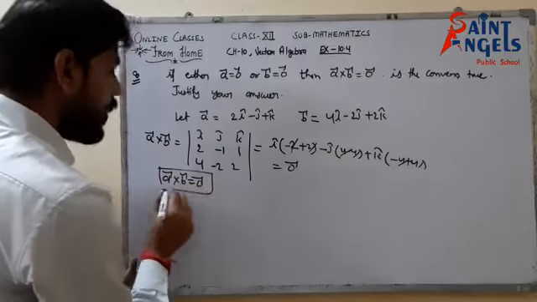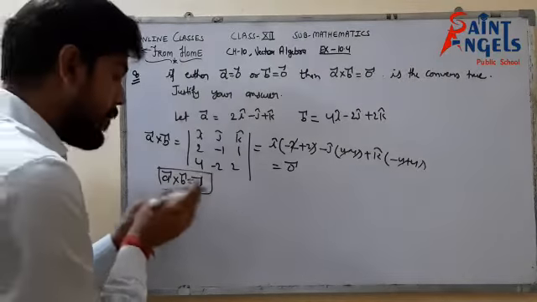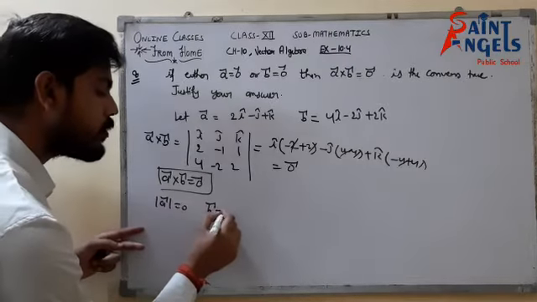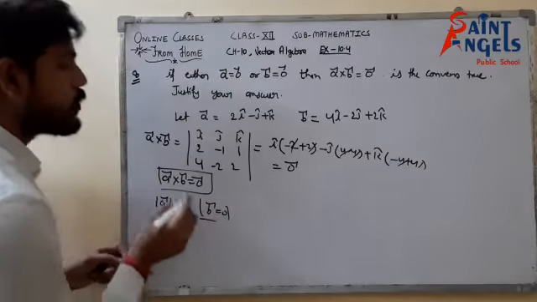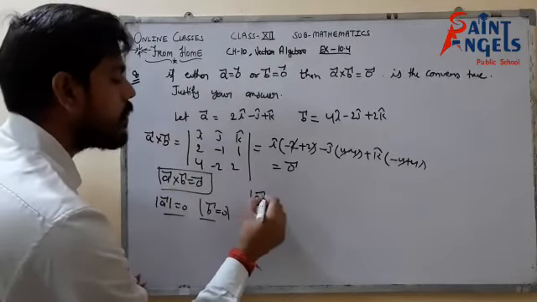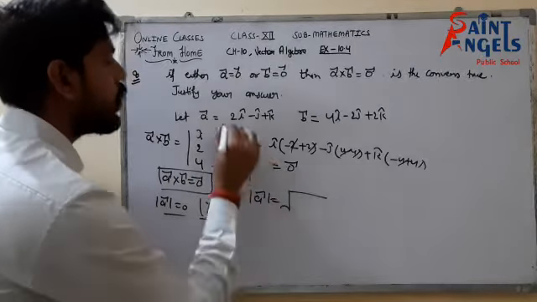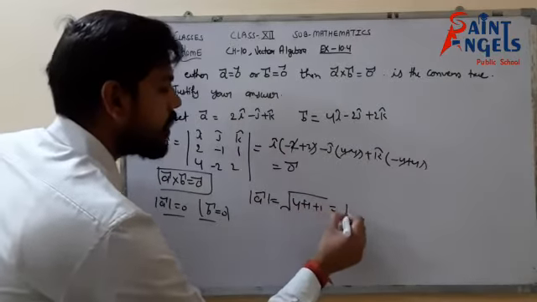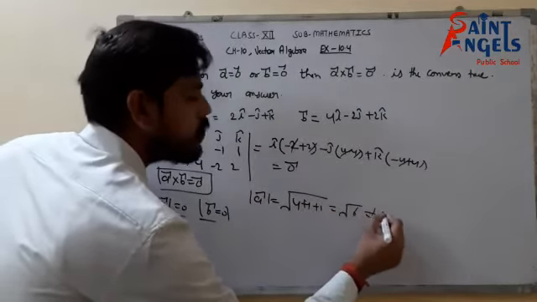Okay. If it is, then does it imply that mod of A equals 0 or mod of B equals 0? That we have to check. So now find the modulus of A. That would be under root of 2 square, 4, plus minus 1 square, 1, plus 1 square, 1, which is under root 6. It is not equal to 0.